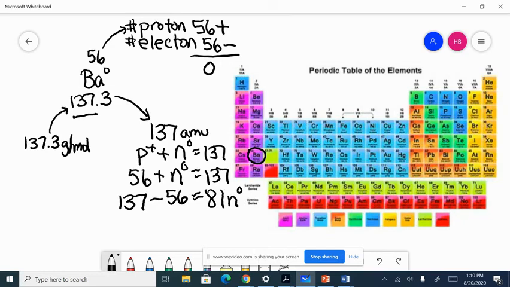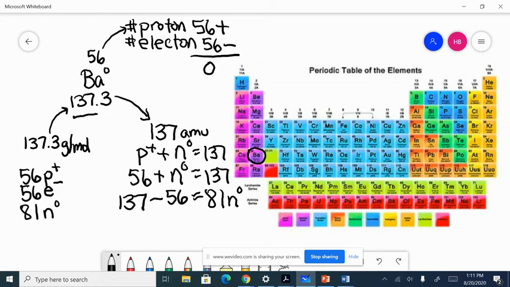So just based on what we learned about the periodic table of the elements, you now know that barium has 56 positive proton charges, 56 negative electron charges, and 81 neutrons.